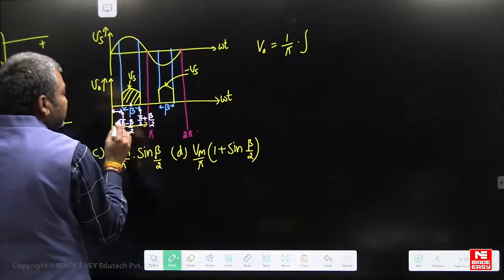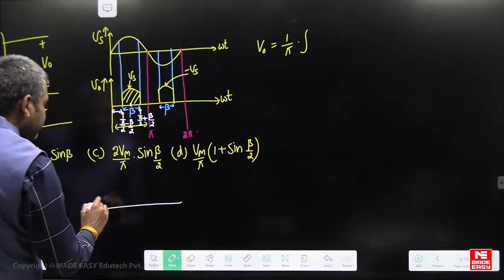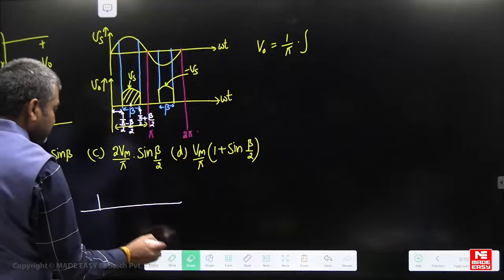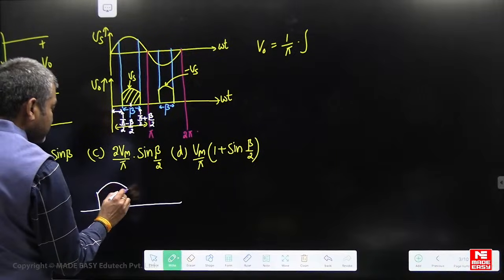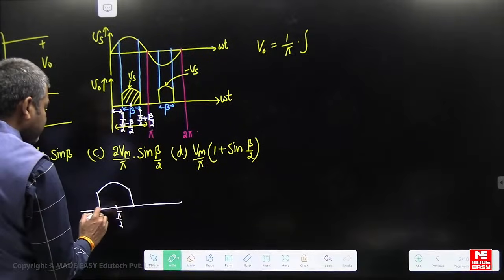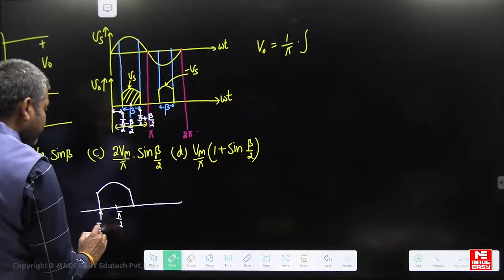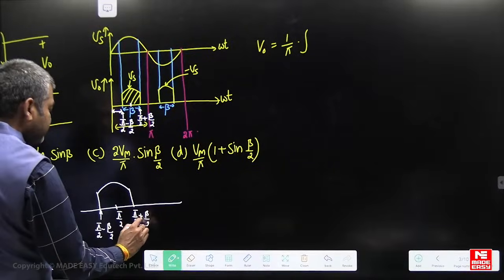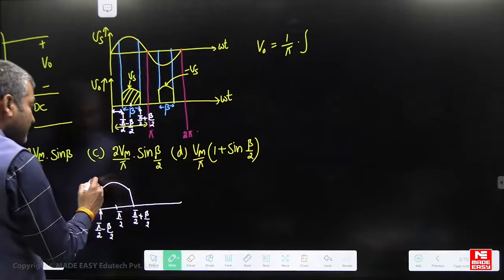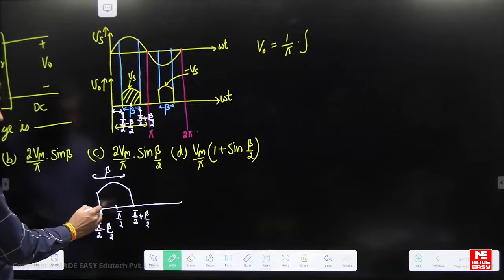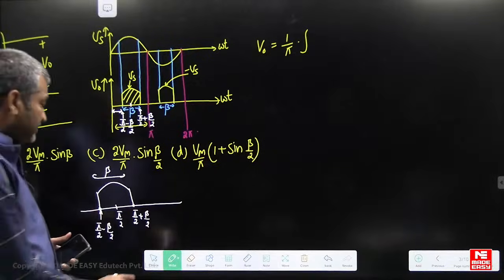Dear students, I will enlarge it here. It is like this. This is pi by 2. This angle is pi by 2 minus beta by 2, and this angle is pi by 2 plus beta by 2, so the total length is beta. We have to use these two limits while integrating to find the area of the waveform.